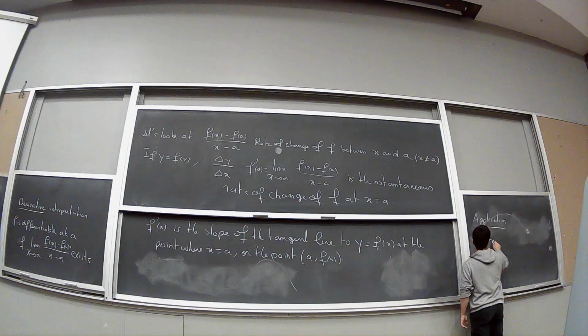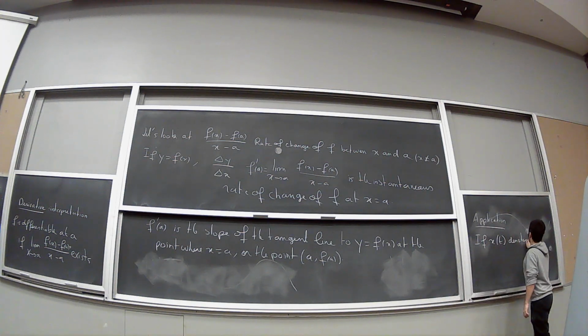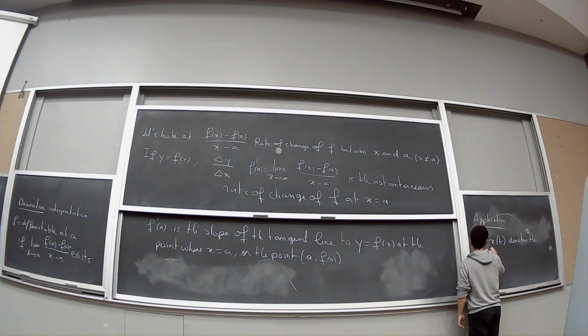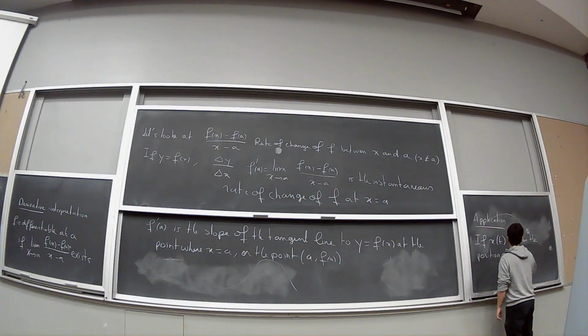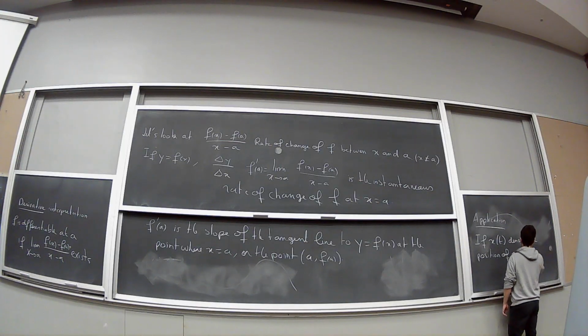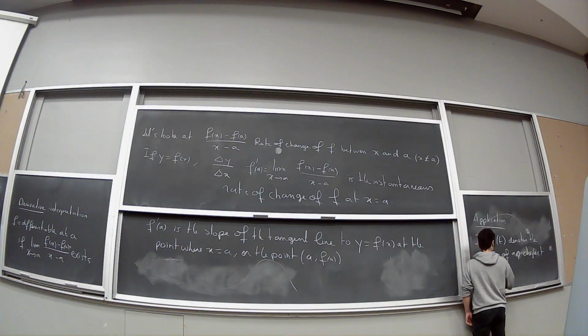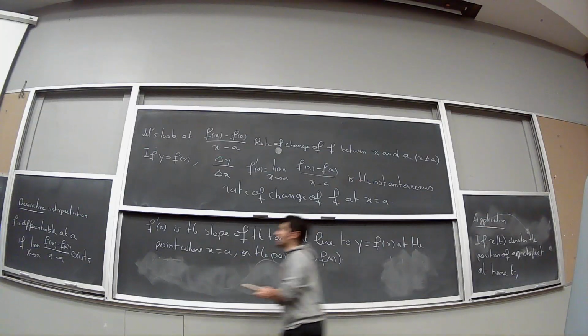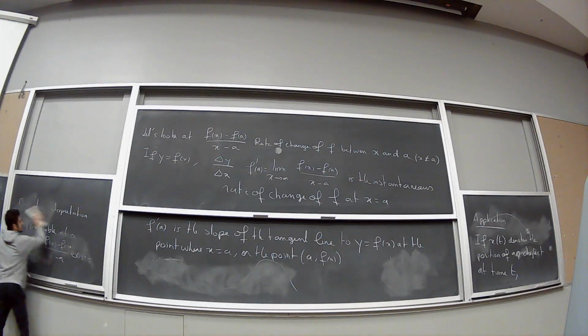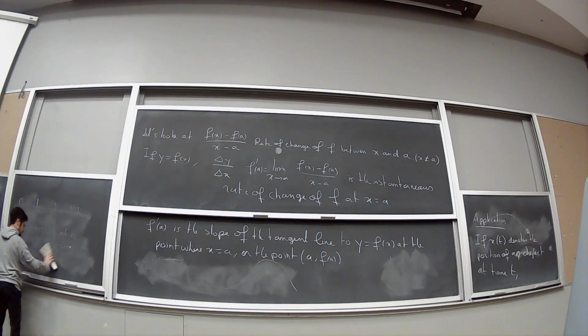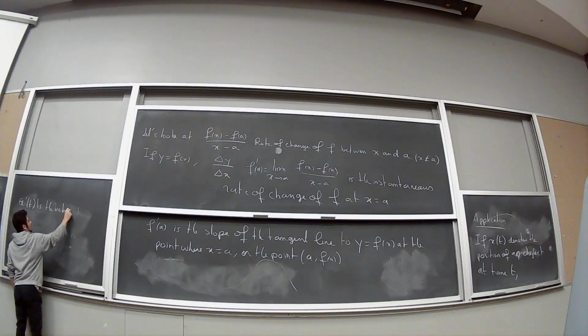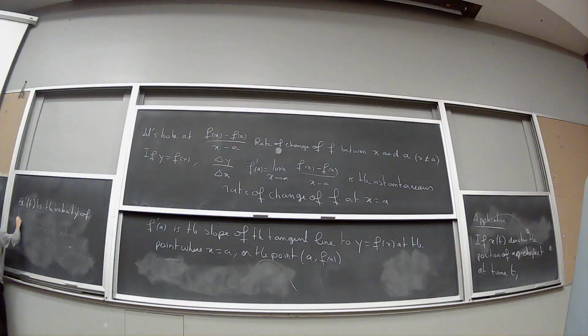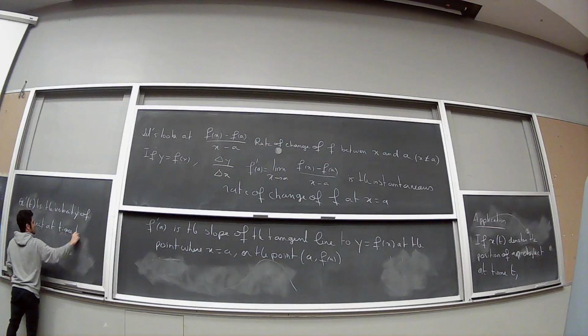So x of t denotes the position of a particle, an object, at time t. x prime of t is the velocity of this object at time t.